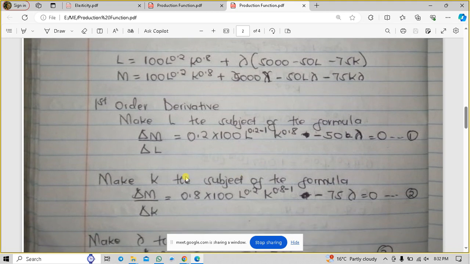Let's proceed. Here we were making L the subject of the formula. Here we are now going to make K the subject of the formula.